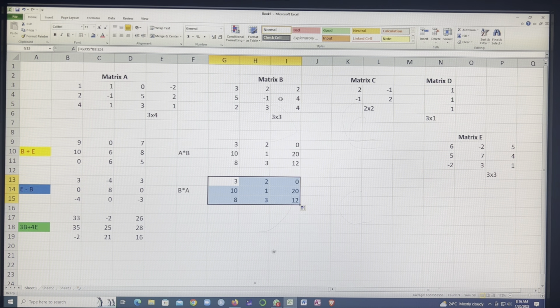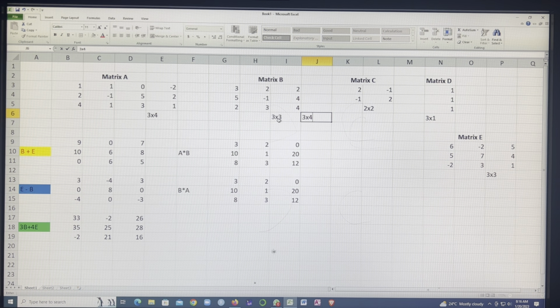Because this matrix here is 3 by 3, and the other is 3 by 4, you see the column of this is the same as the row of this. So therefore, we can multiply these two matrices starting with B first, right?